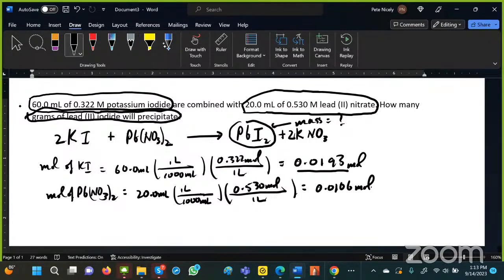So my question to you is, what do we need to find out in order to figure out how much product you expect to get? If you're given 2 reactants in a reaction and you're given their amounts, there's something that we need to find out. There's an important term I'm looking for.